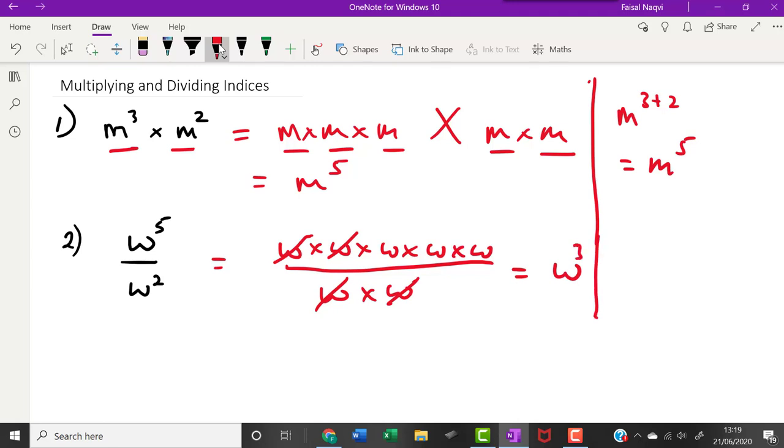Again, a quick way to do this, because the bases are the same, I've got a w and a w, I can take away the indices. So w to the power 5 divided by w squared is the same as saying w to the power of 5 take away 2, which is w to the power 3.